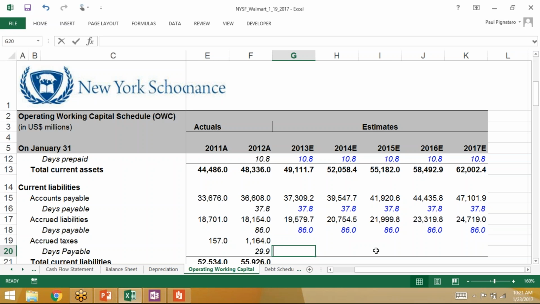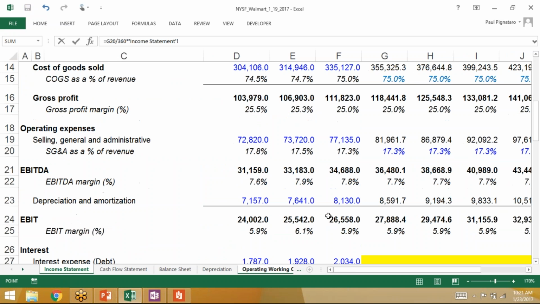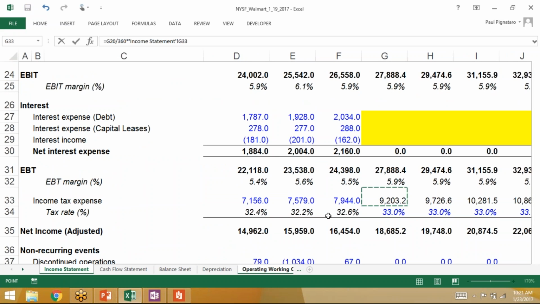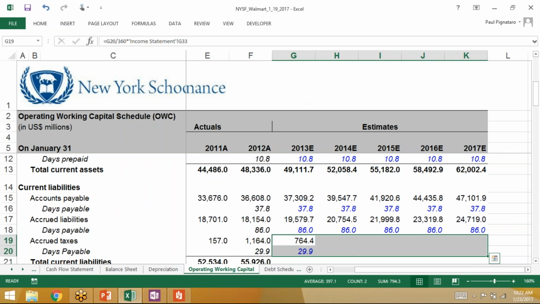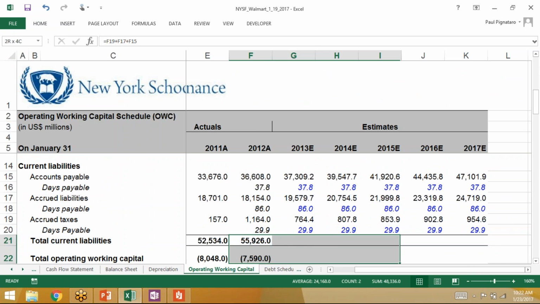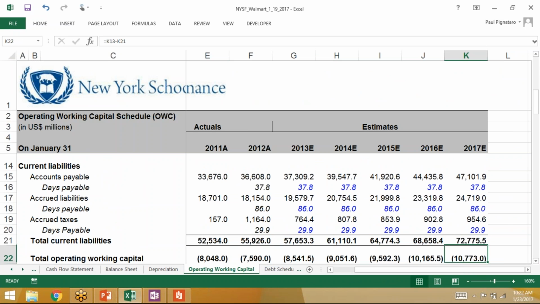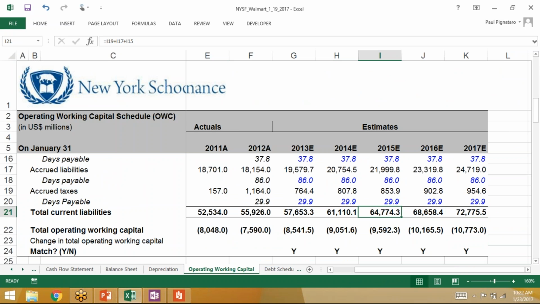Accrued taxes, 29.9 divided by 360 times taxes. Okay. Then we add those up and we copy over our totals. Does everyone have that?